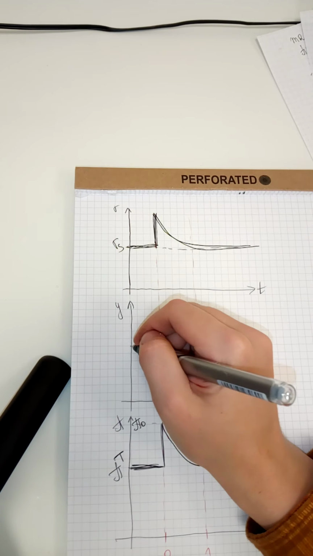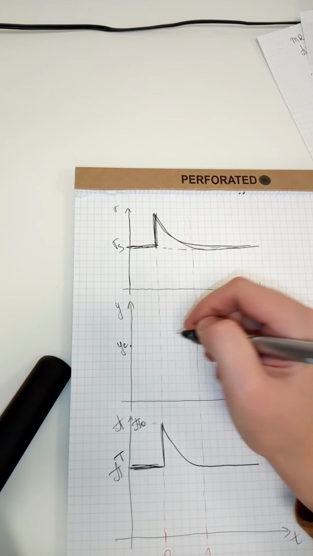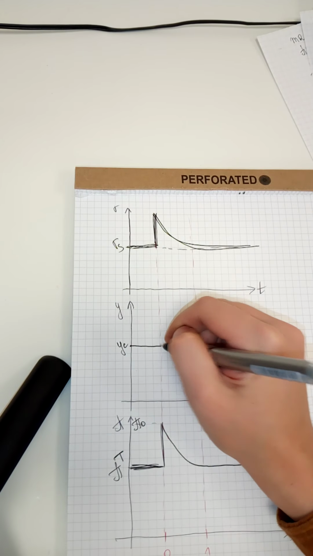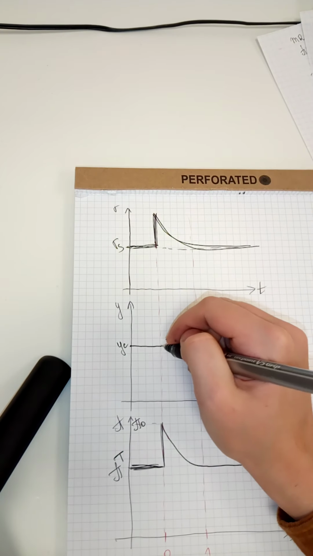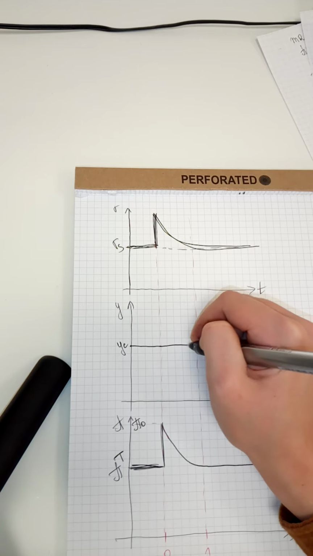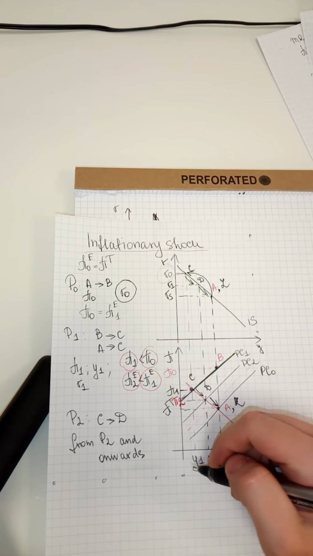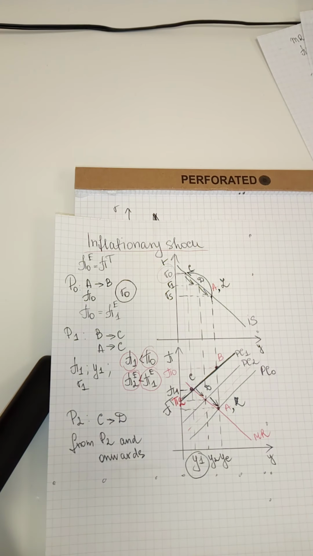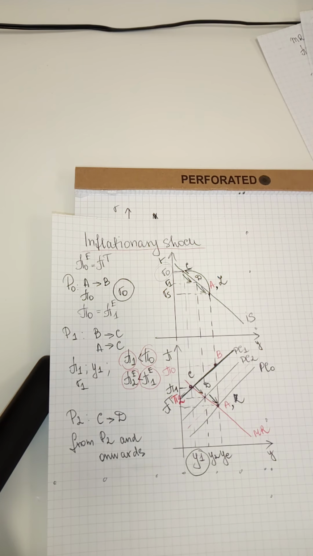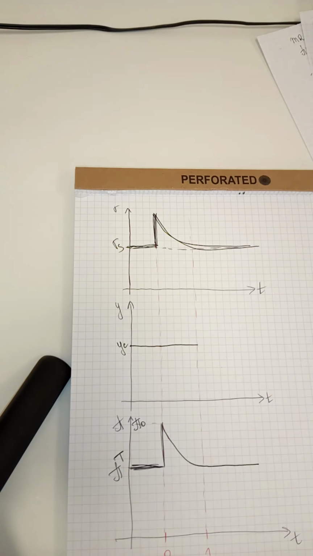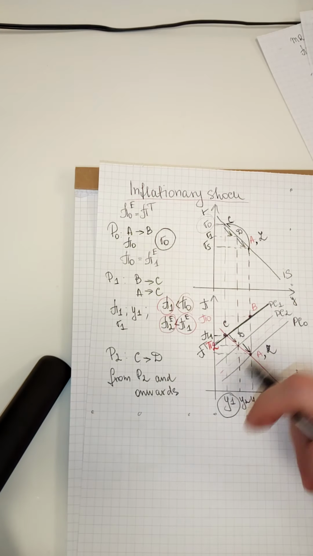When it comes to output, initially output was equal to potential output. I would like to say before period 0, but actually before period 1, because take a look, in period 0, output was not affected. Actually, output was affected only in period 1, when the interest rate charged by the central bank in period 0 came into play. So in output, you can see just the opposite trend.